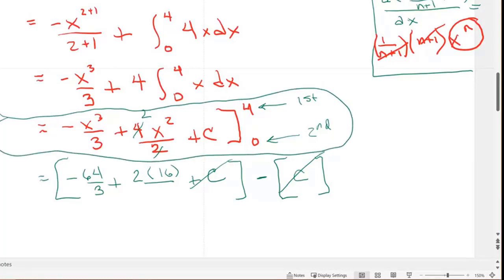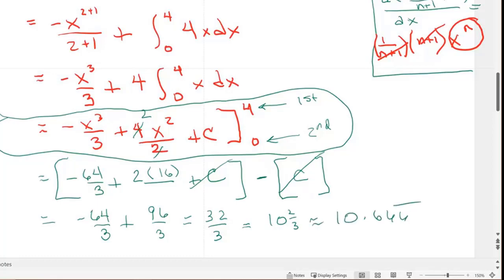But I do have numbers. So we have minus 64 thirds plus, this is 32. 32 times 3 is 96 thirds. Yep, that's right. Which is equal to 32 thirds, which is equal to 10 2/3.